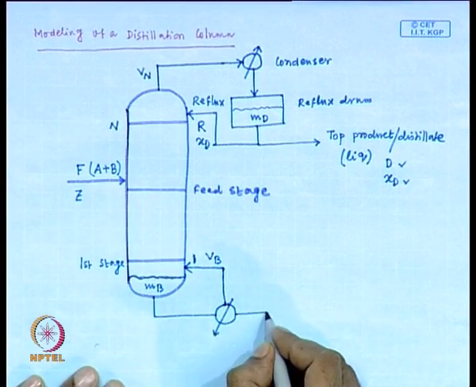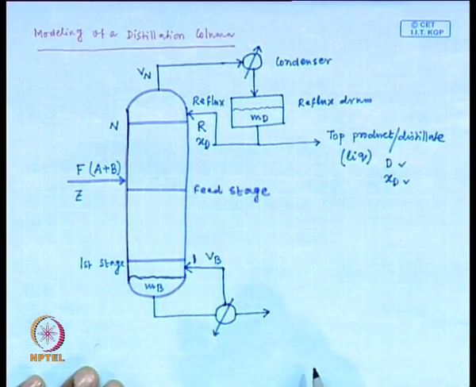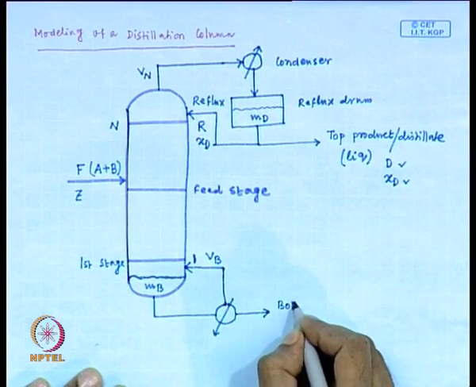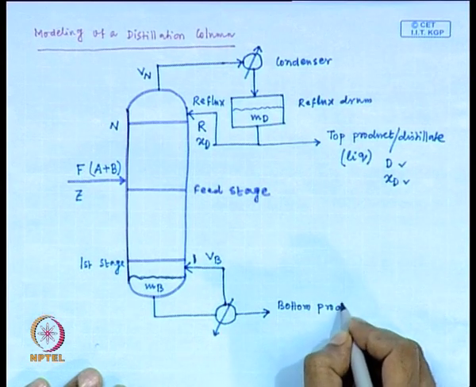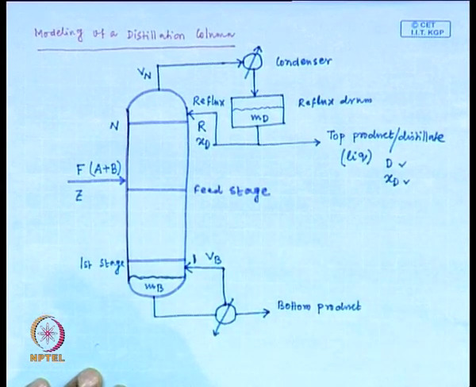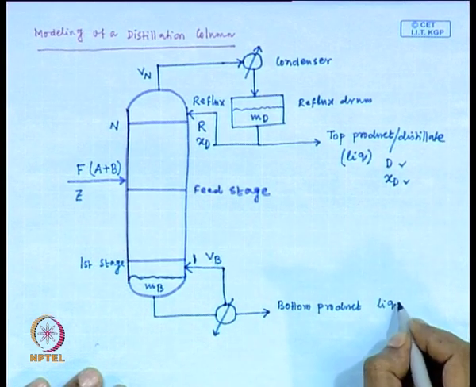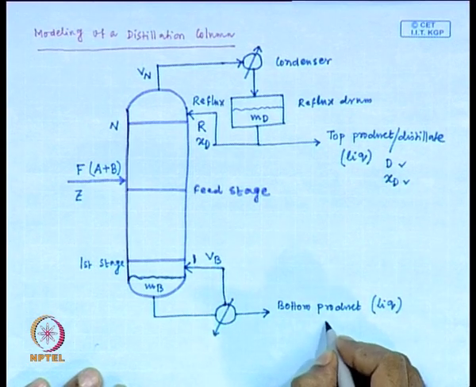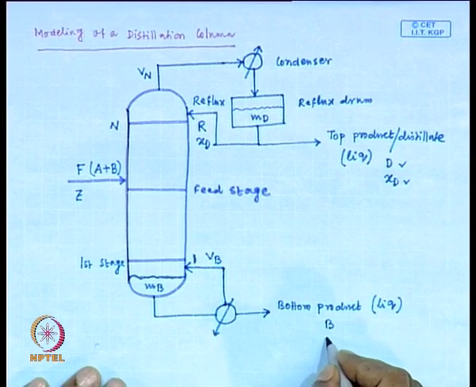A part of that accumulated liquid in the column base is withdrawn as bottom product. This is also a liquid stream.